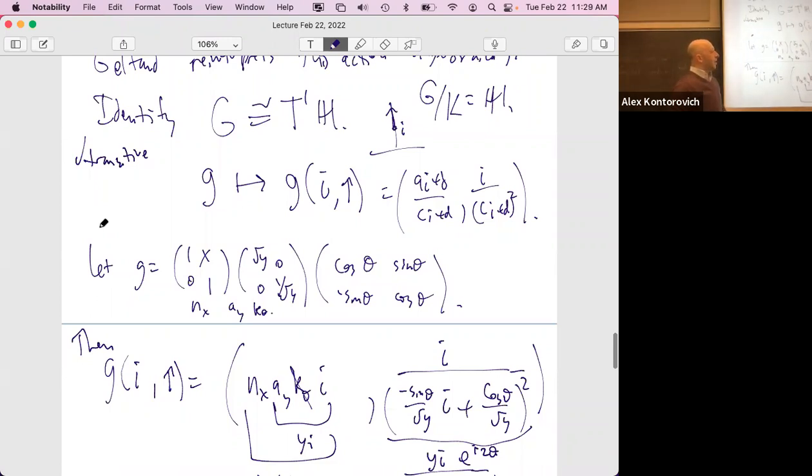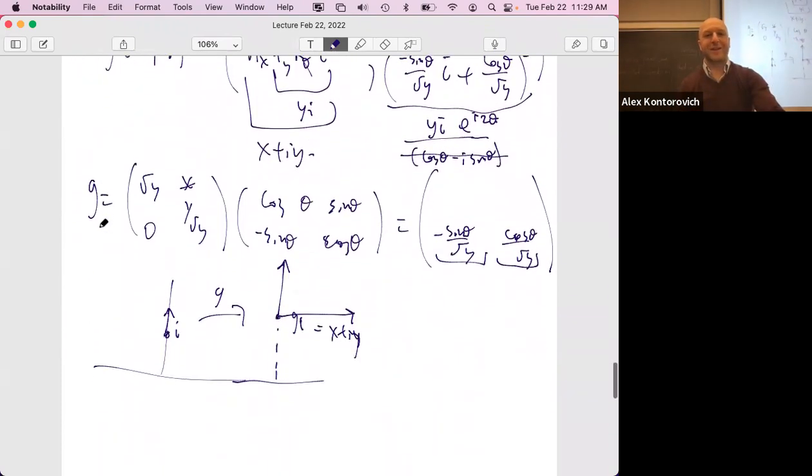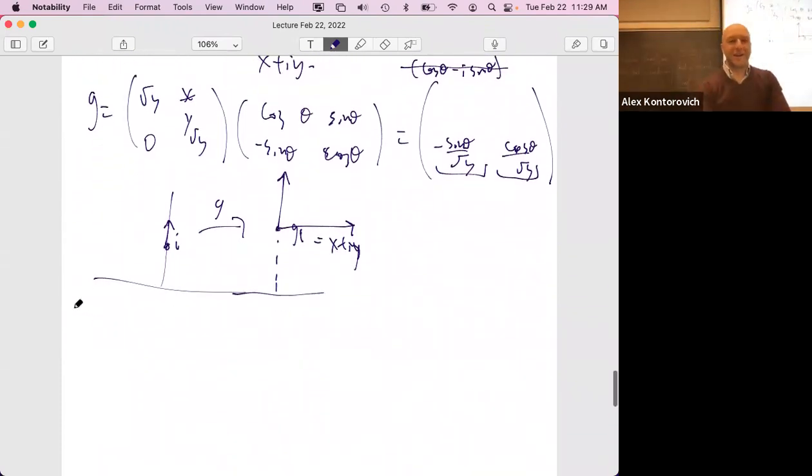There's a lot of mileage out of the NAK decomposition, a lot out of KAK, and a lot out of Bruhat. There are other decompositions we just haven't found yet that might give us great results. In terms of one parameter subgroups of G, there are lots of decompositions.